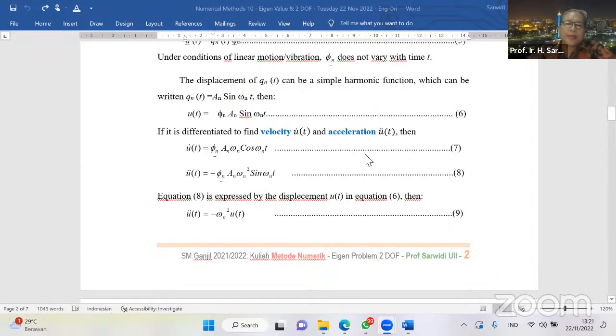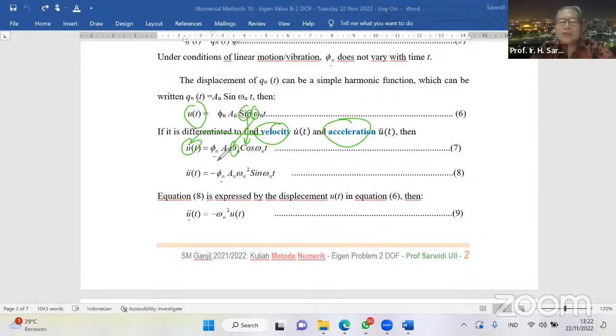Okay, and if we now have the displacement, we can calculate the velocity and acceleration. Velocity is the first derivative of displacement with respect to t. So from sine it becomes cosine, because there is a constant here.